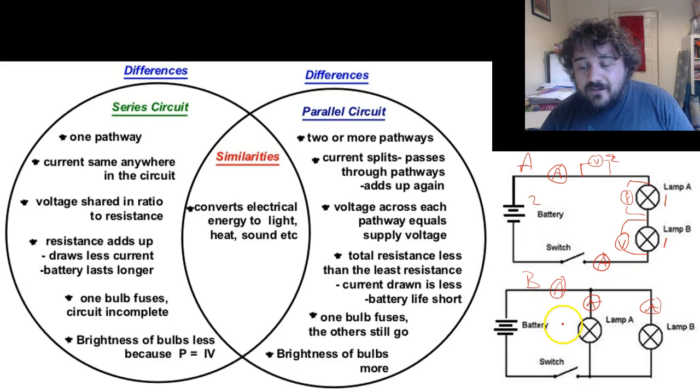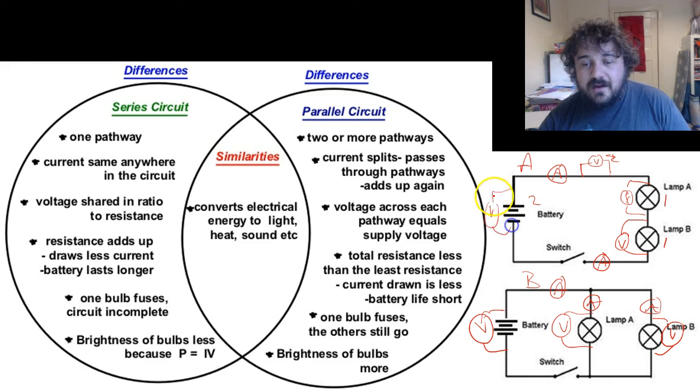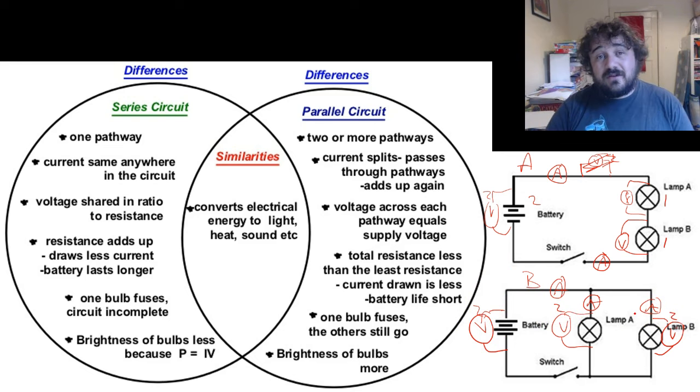Whereas what happens here, if you've got a voltmeter here and one here. The reason you have it around here is it measures the total circuit, so actually that one that says 2 would be better off being here. Ignore that. That would say 2 there, but here it would say 2, and it would say 2 as well.